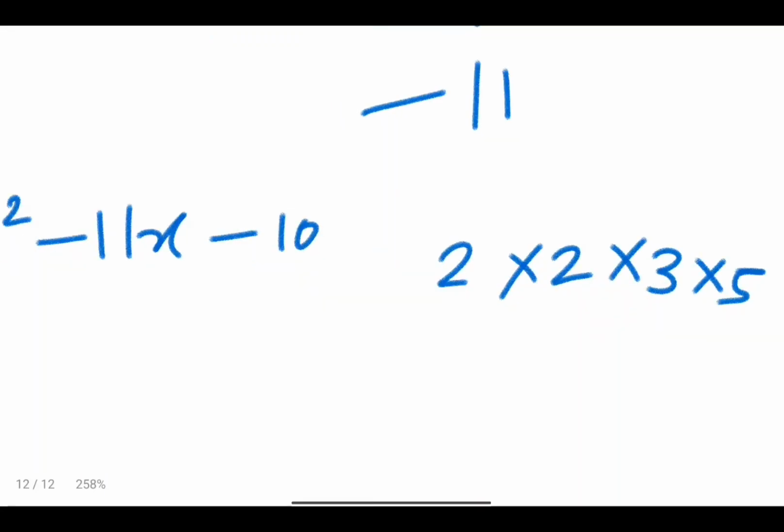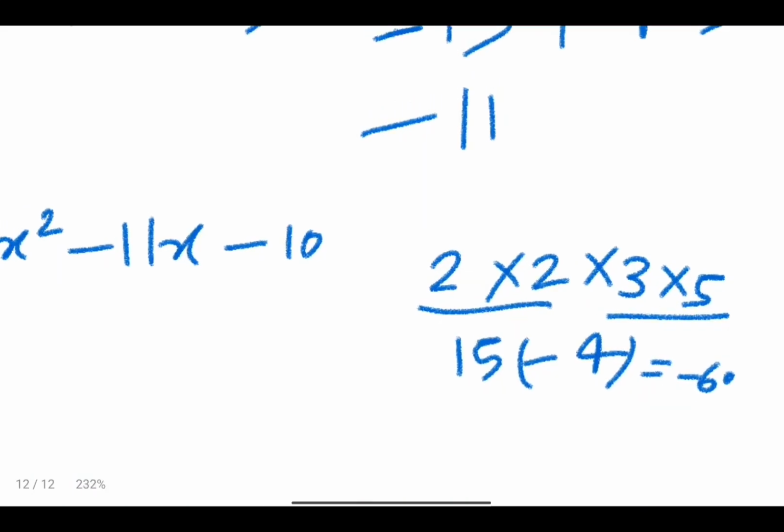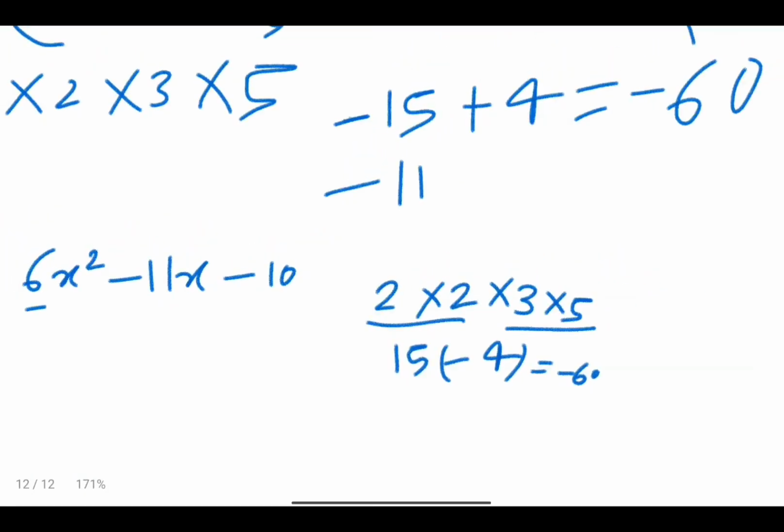And 15 from here minus 4 from here, and if we multiply these two numbers, then it is minus 60, same as the multiplied answer of these two. And minus 15 plus 4 is minus 11.